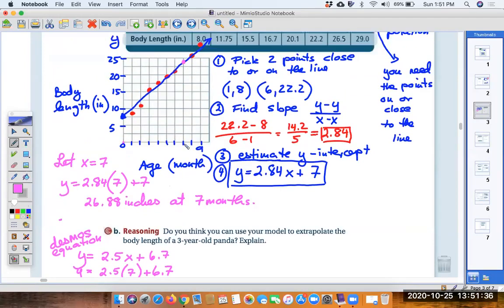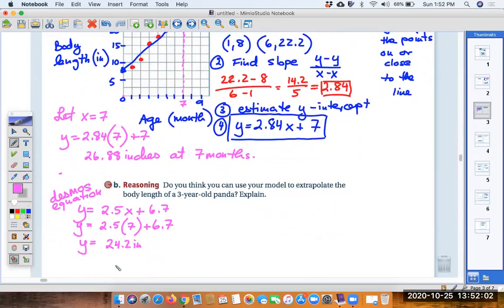Even on my graph, the point is below 25. So this was 7 months. If you go straight up, remember the key is vertical, then over horizontal, you're going to come right below 25, which is correct according to our line of best fit.